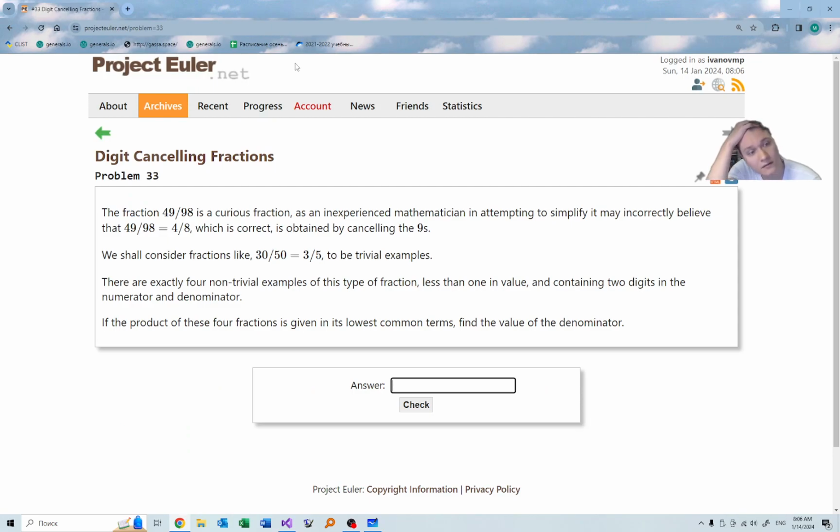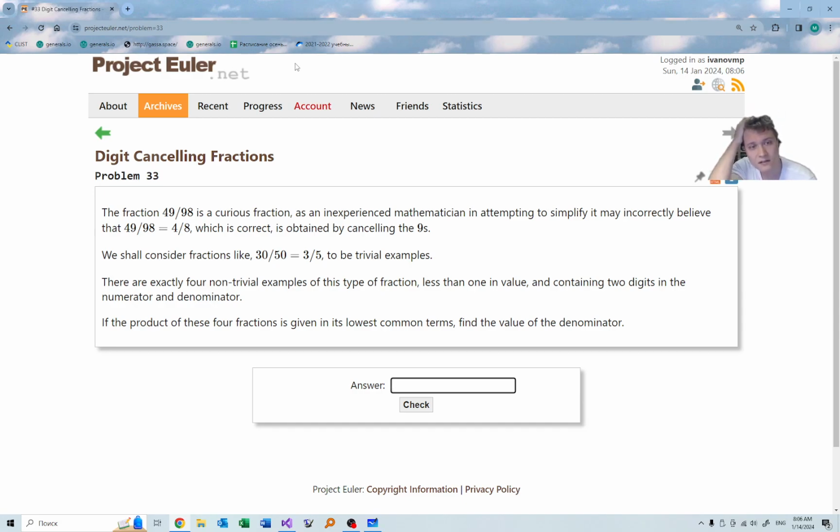This fraction is a curious fraction, as an inexperienced mathematician in attempting to simplify it may incorrectly believe that this is 4 over 8 by canceling these 9s, but actually this is a true equality.